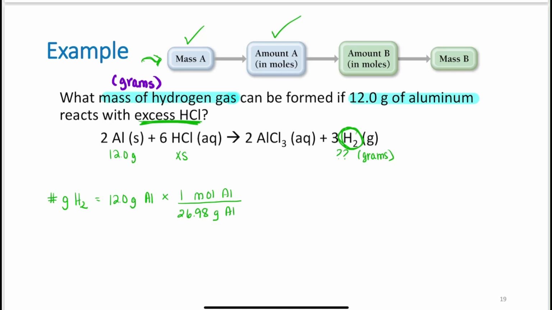Now it tells me I need to get to moles of B. My moles of B here is my moles of hydrogen, because that's what I'm trying to figure out how much I'm going to produce. So times 3 moles of H2 divided by 2 moles of aluminum.